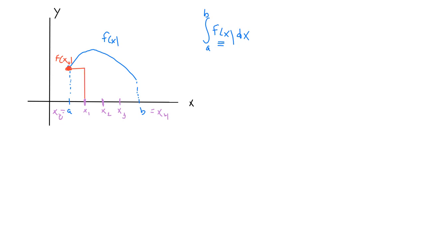There would be my first rectangle. So for the first subinterval, I used the function evaluated at the left endpoint. For the second subinterval from x1 to x2, what if I were to use the left endpoint, x sub 1?